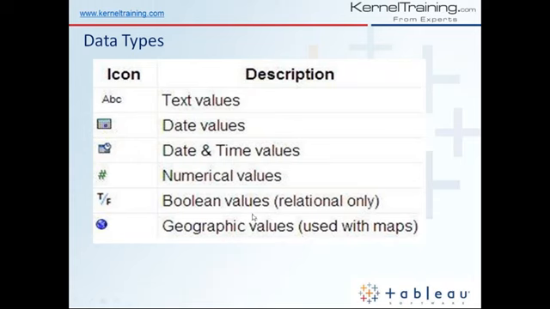So these are the data types. This is just for interview purposes that I'm explaining. When you start practicing, you will understand exactly what the text value and the date value are. In interviews, if they ask what the data types are, you can say these are the different data types.